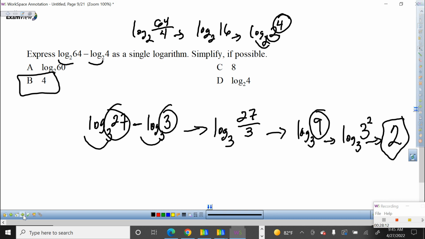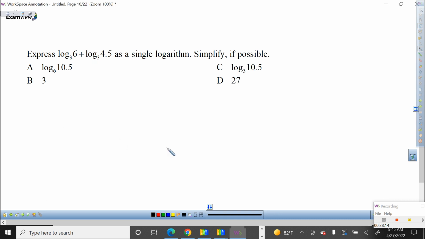Do the next one by yourself. See if you can do the next one by yourself. This is number what? What is it? 30. Okay. So we got log base 3, so we write it as 1 log base 3. What happens to those numbers now that we're adding, guys? Multiply. 6 times 4.5.